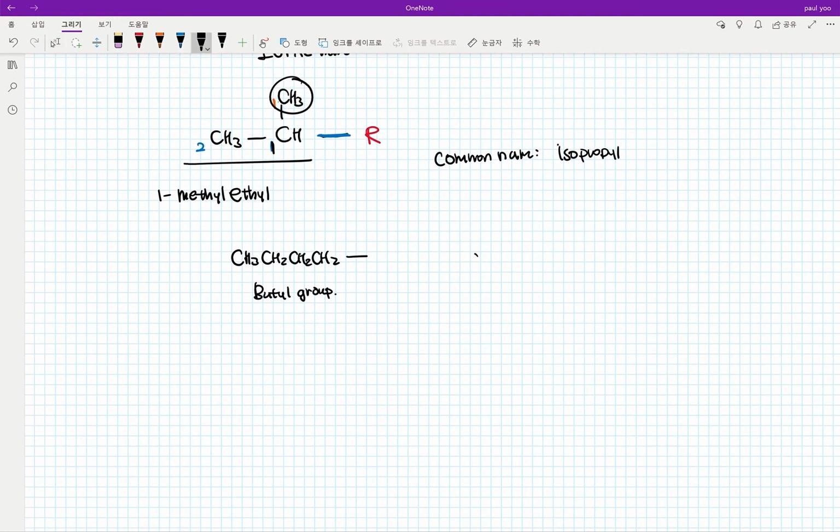And CH3, CH2, CH3, this is 1-methylpropyl group, and it has a common name of sec-butyl.